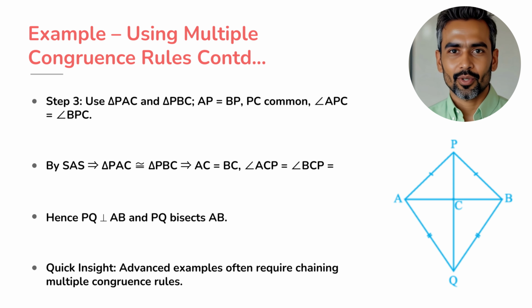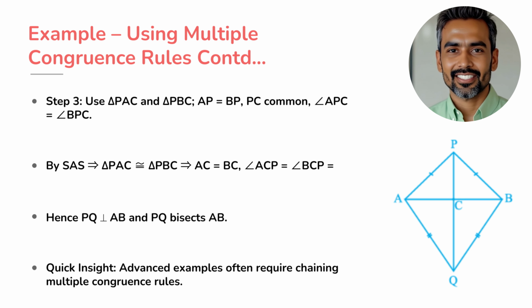Now let's move forward. Consider triangles APC and BPC. Here again, AP equals BP, side PC is common, and angles APC and BPC are equal from the previous result. So, by the side-angle-side rule, these two triangles are congruent as well. This means AC equals BC and angle ACP equals angle BCP, which is 90 degrees.